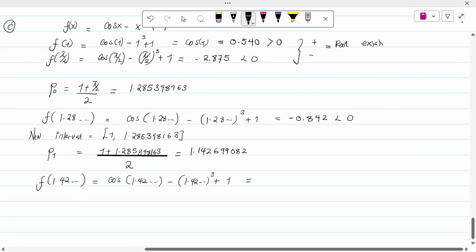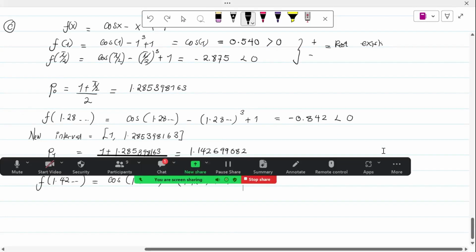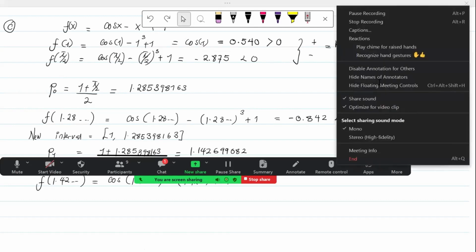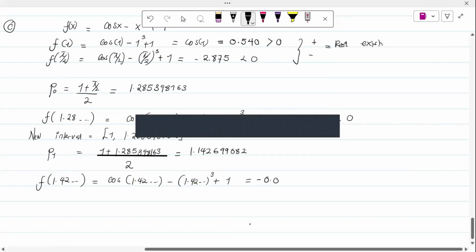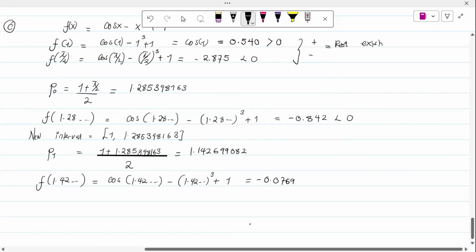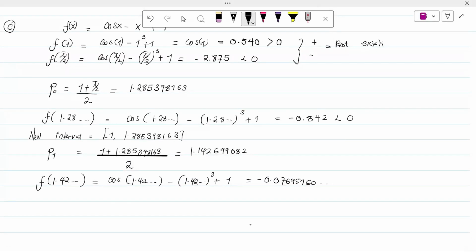So what do you get there? Negative 0.0769. That's not necessary, we're not going to use it anywhere. We're just using it to check the sign, and of course, this is less than 0.